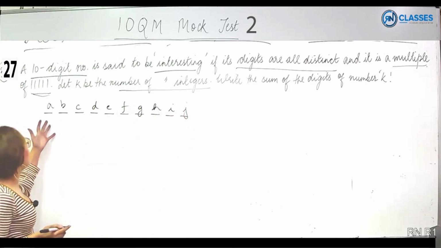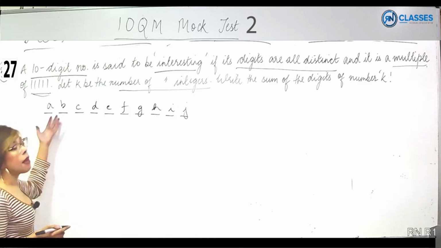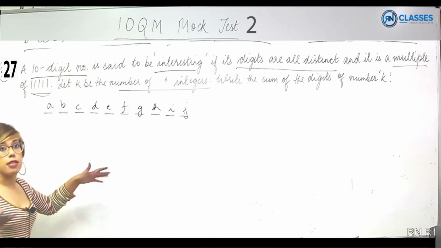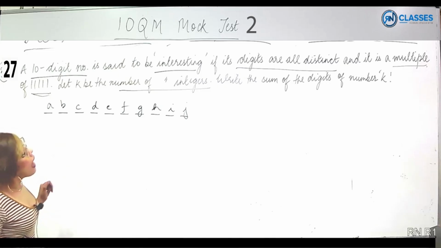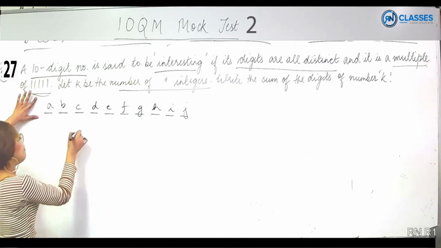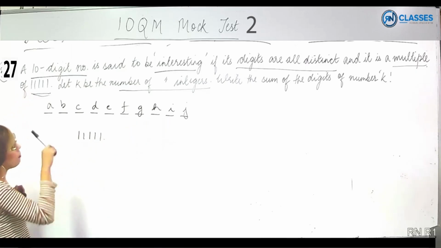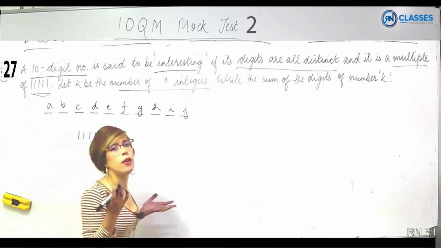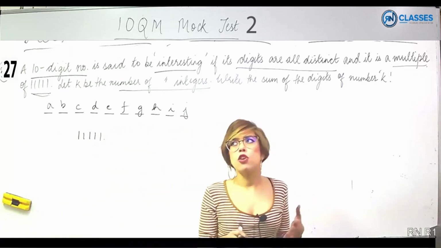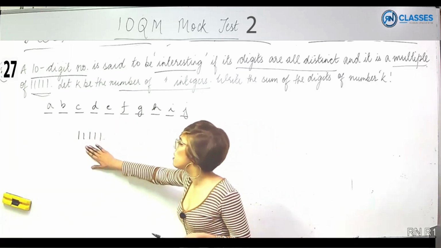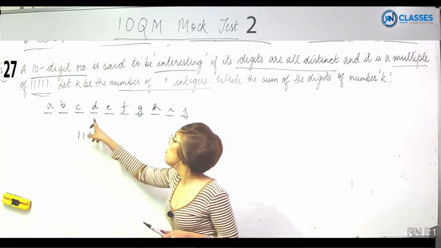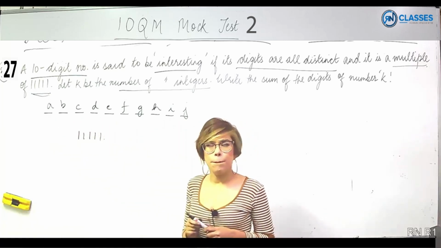But I know that A will lie between 1 and 9, B will lie between 0 and 9, C will lie between 0 and 9, and so on. And it is a multiple of 11,111. This number is divisible by this. Okay. Now, what else do I know? Divisibility. Let's talk about divisibility. Do you think this number will be divisible by some other number?